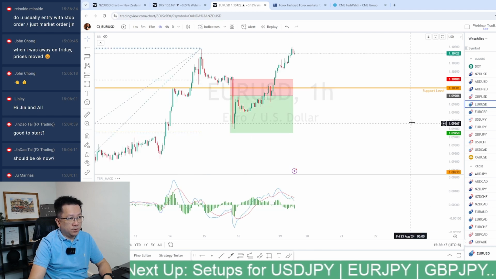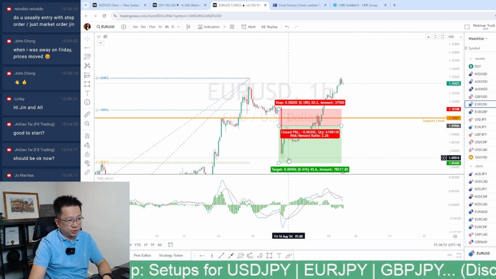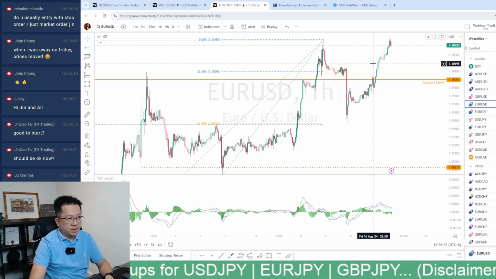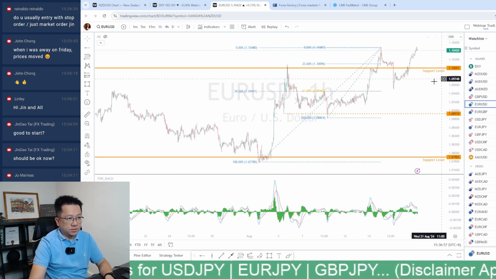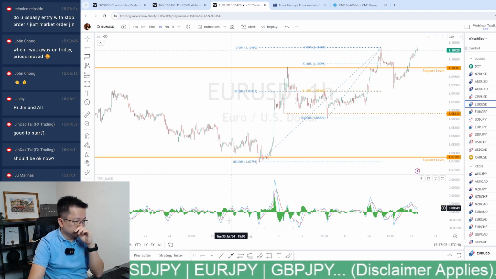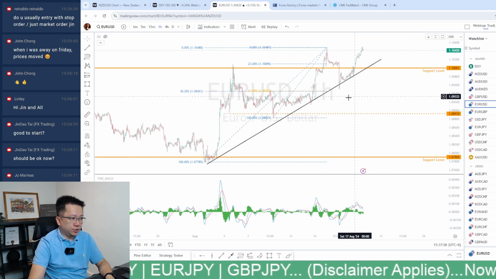Then on to the euro. Forming a little bit of that double top, so that push down before going right back up again. We have a trend line pushing it up.